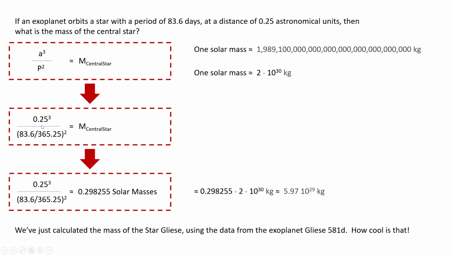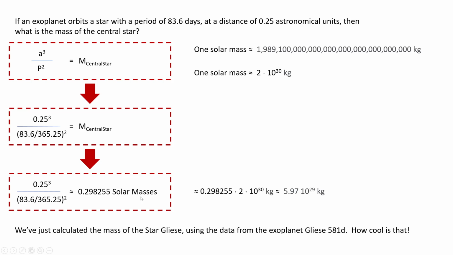We can plug in those numbers. You plug in a quarter of an astronomical unit here, and you plug in the number of years here, because 90 days is roughly a quarter of a year. You calculate all that and you get roughly 1/3 of a solar mass.